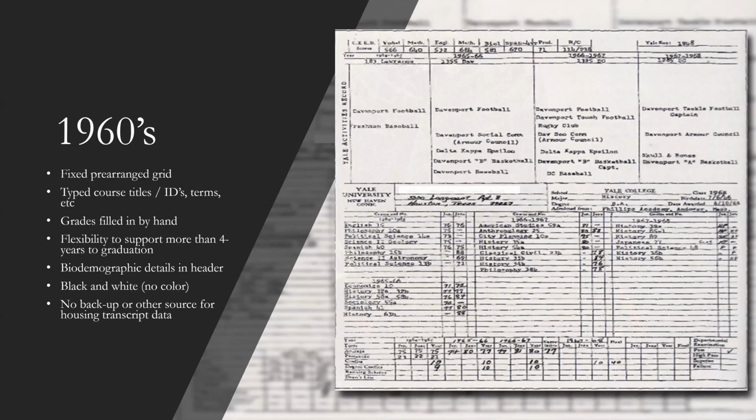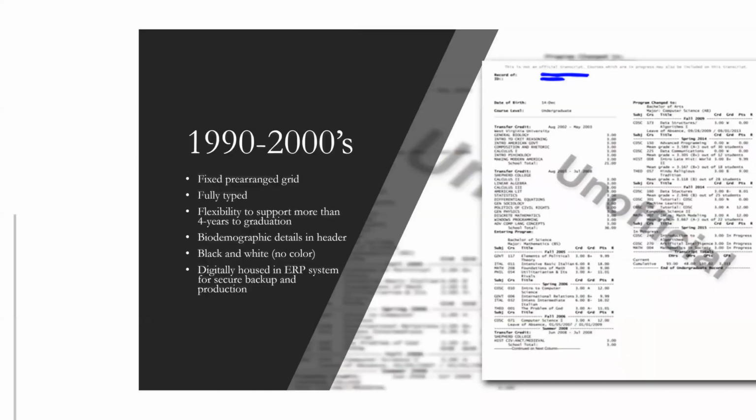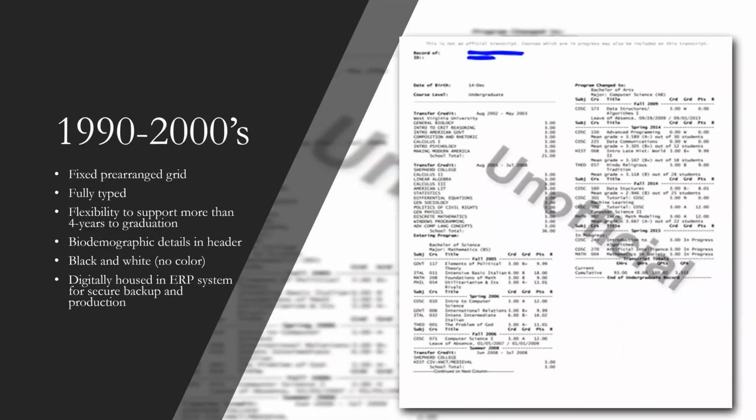In fact, when we make a major jump over to 1990 to the 2000s, we don't see a large amount of advancements here either. The biggest change in the transcript here is that the transcript is produced using an ERP, which adds a level of security and makes the transcript easier to produce in theory, but the output looks antiquated, and other than the basics, it doesn't provide a large gain in usability for someone that works outside of the institution.